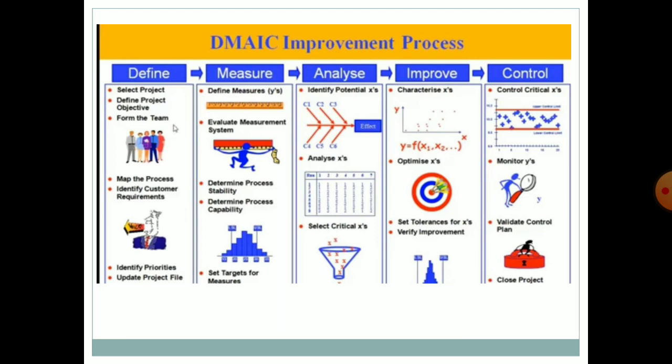Later is analysis. Analysis means, to achieve this tolerance level, what are the defects coming? There is an output, and there are different inputs that affect the output. So this we have to study, and their interrelations, and this becomes part of analysis.